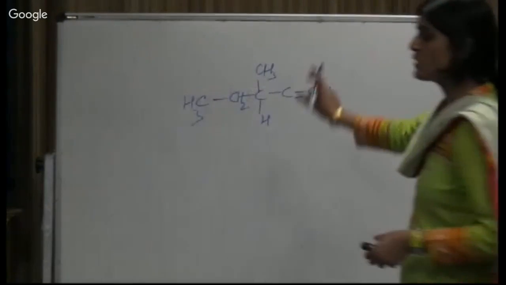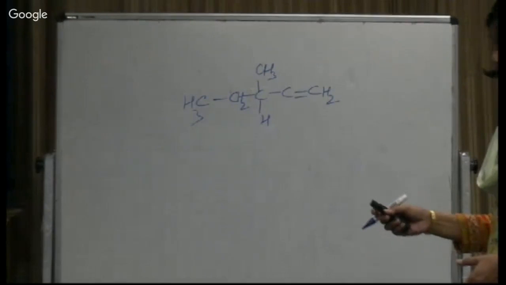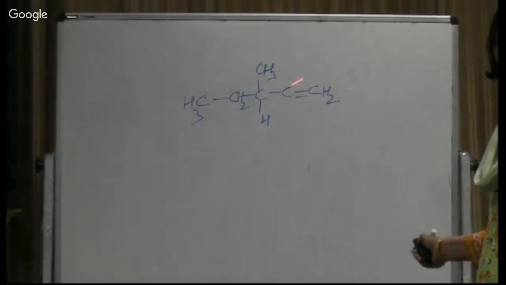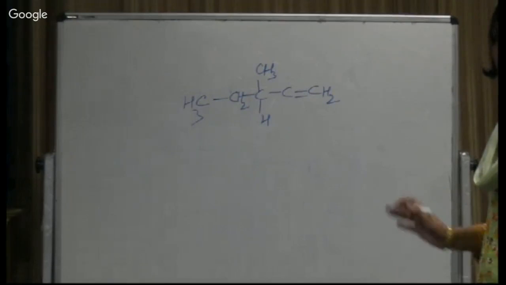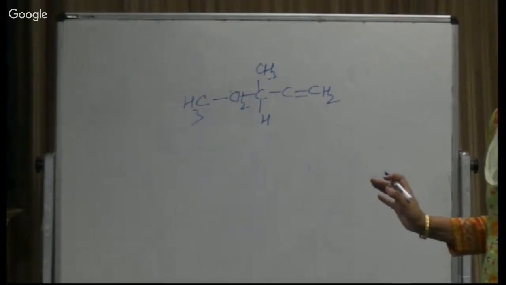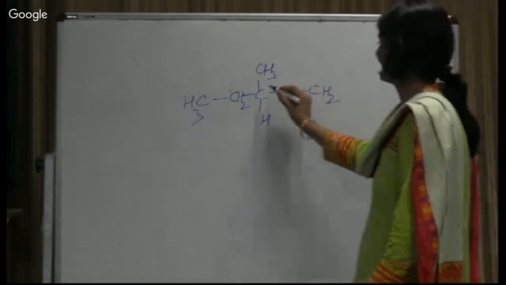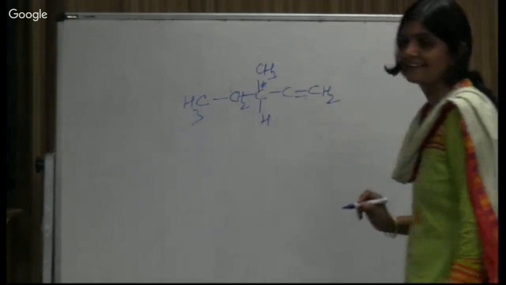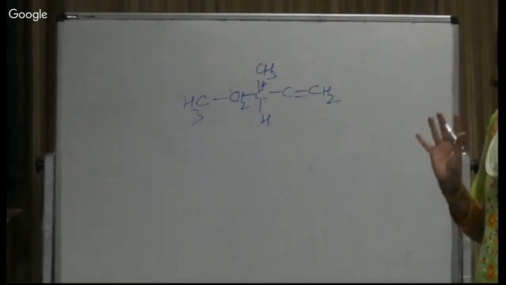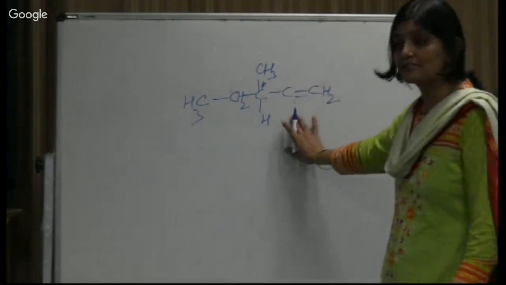This is the first molecule, 3-methyl-1-pentene. Right? What will happen when you do hydrogenation here? Is it chiral? It is chiral or not? There is a chiral center here, so the molecule is chiral, right? Now what will happen when you do hydrogenation here?